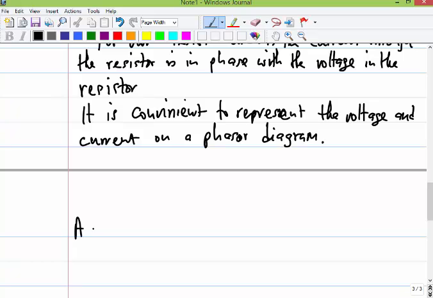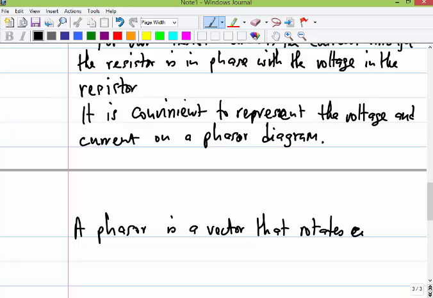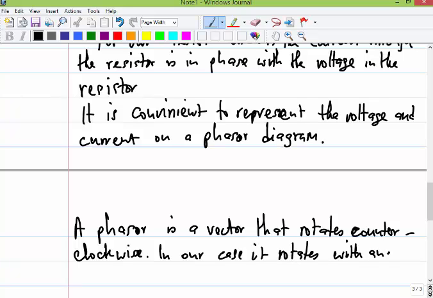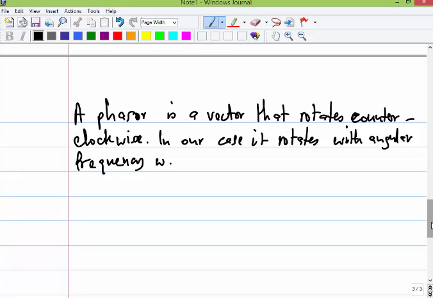A phasor is a vector that rotates counterclockwise, and in our case, it rotates with angular frequency omega. So if I draw the phasor diagram this way, the phasor is this way. This is the voltage in the resistor, and the current in the resistor is I_R.